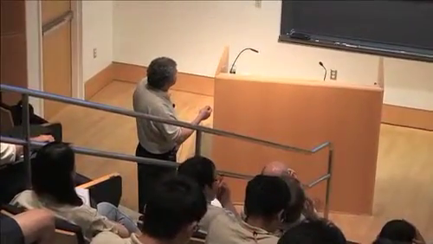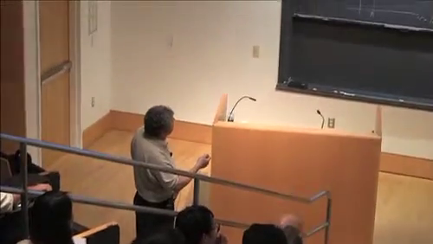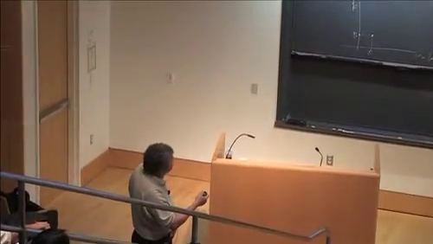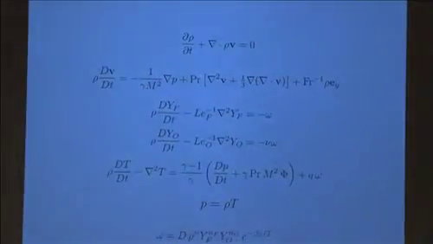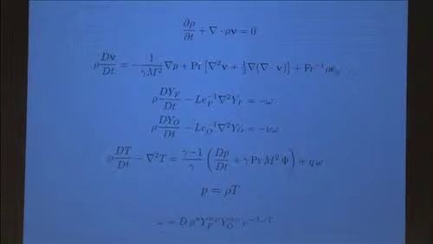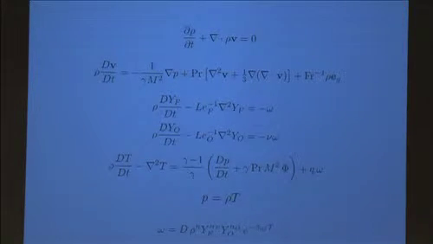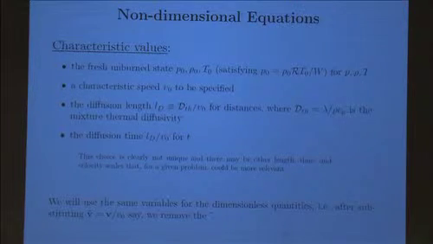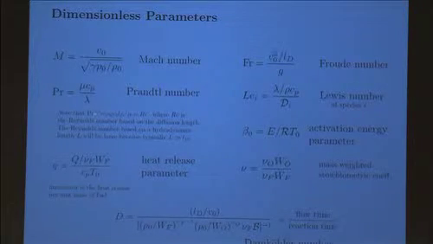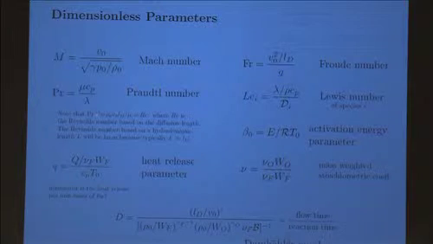If you have some knowledge from fluid mechanics, you would remember that normally in front of the viscous term you have an inverse Reynolds number. So where is the Reynolds number here? Well, the Reynolds number is exactly the reciprocal of the Prandtl number.